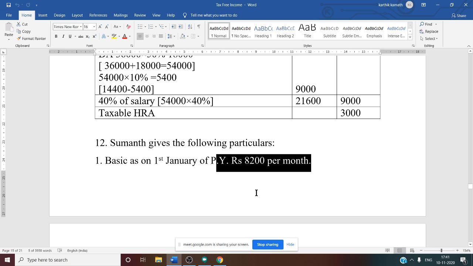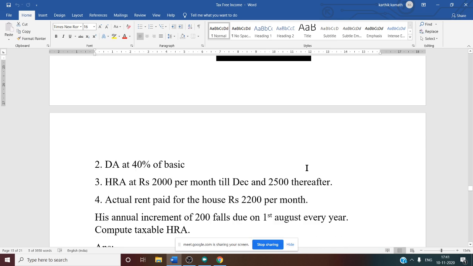That is August, September, October, November, December, January, February, and March. Now this is very clear. So this is with annual increment of 200. Whatever the basic given in the problem, in that annual increment is already included. So this is very clear.